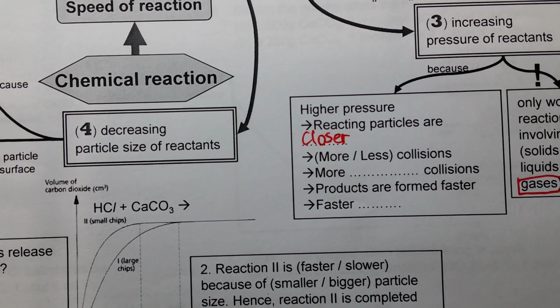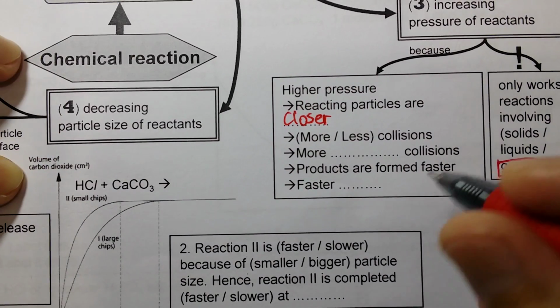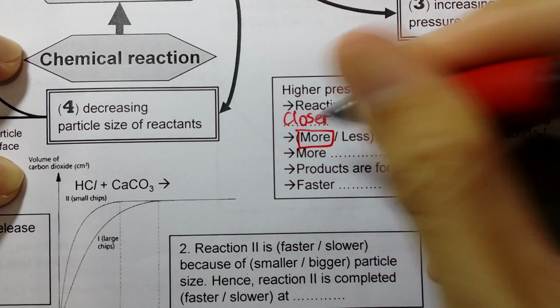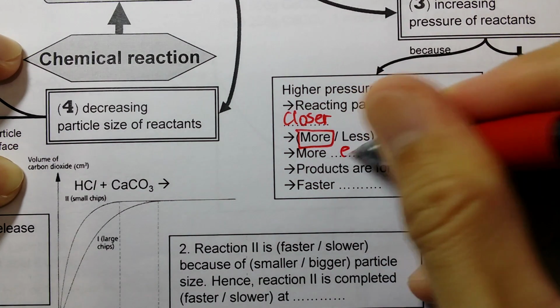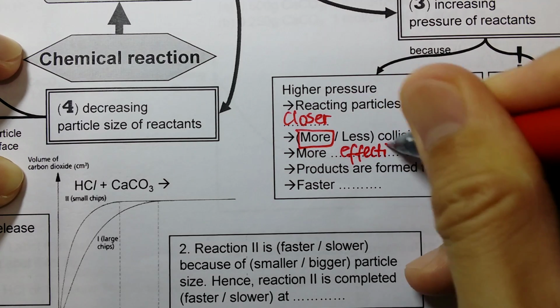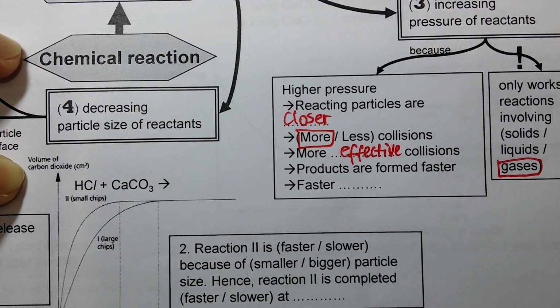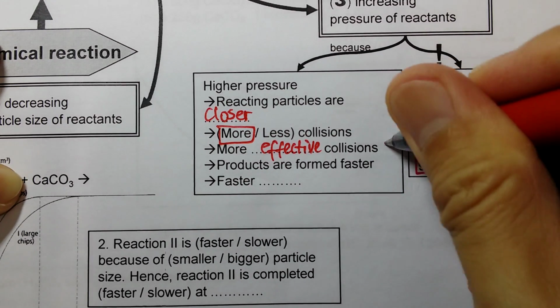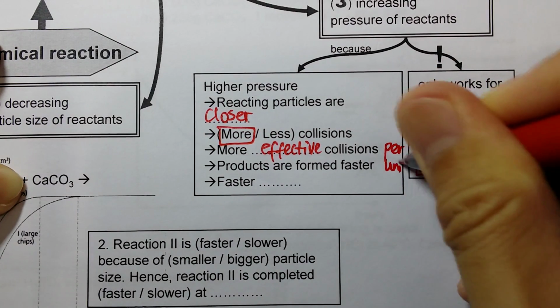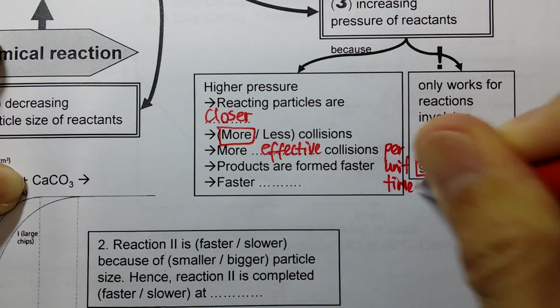And when the reacting particles are closer, there will be more collisions per unit time, and more effective collisions. Okay, actually there should be more effective collisions per unit time.